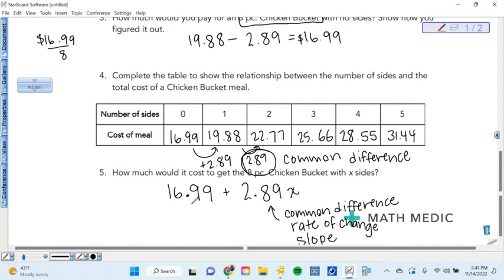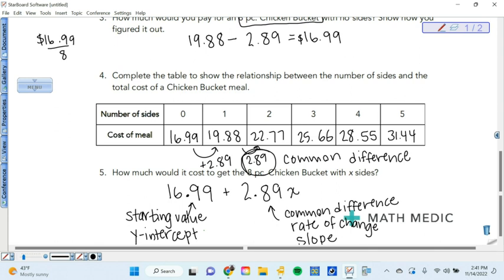And then this right here is my starting value. And how does the starting value show up on our graph? It's the y-intercept. Good.